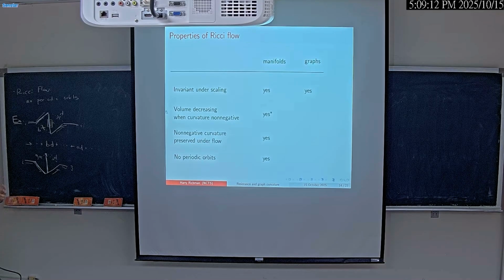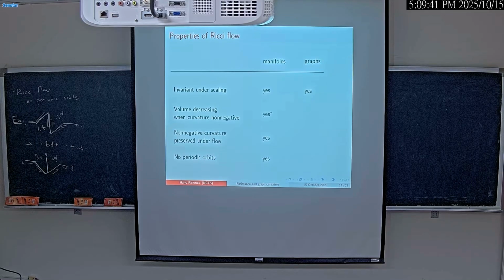If we start with a manifold with non-negative curvature and run Ricci flow, that will decrease the volume of our manifold. Also, if we start with some initial manifold that has non-negative curvature and run Ricci flow, all of the manifolds we get in the future under this flow will still have non-negative curvature.